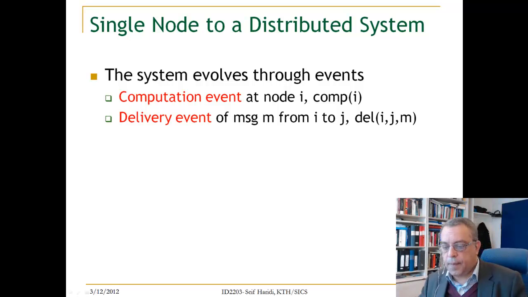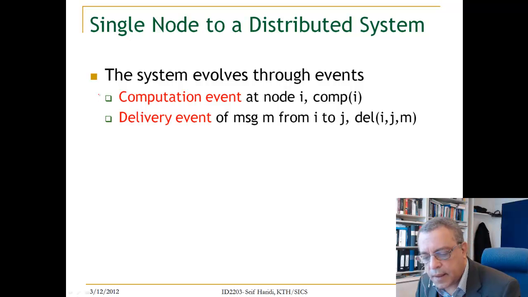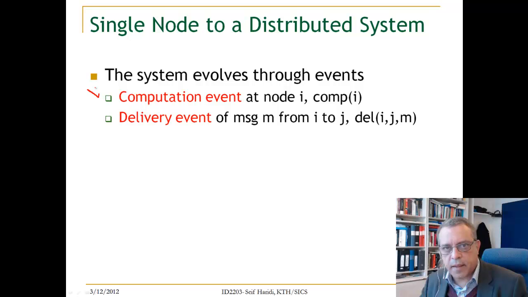So the system evolves through events. And what are the events in the system? That's very easy. I think you can think of a distributed system. What are the events? A node makes a computation step.